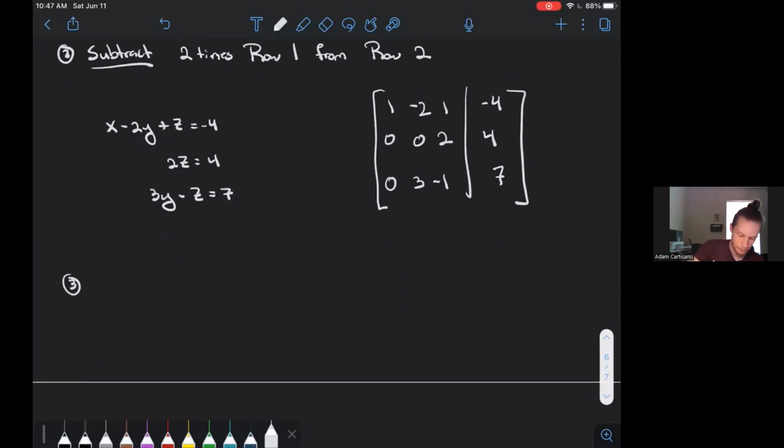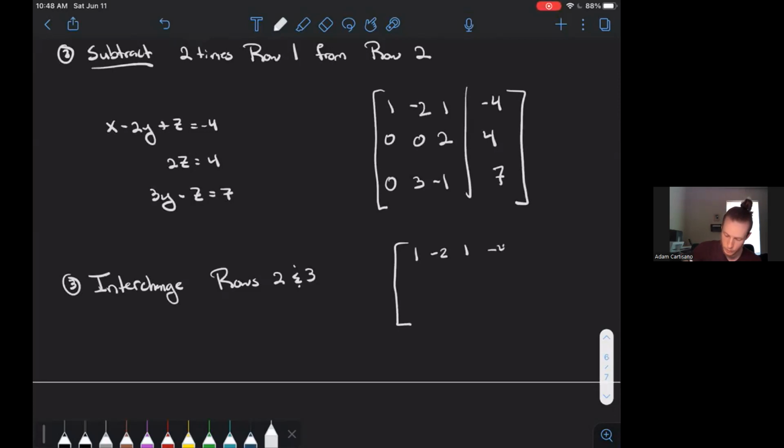Interchange rows 2 and 3. So our system becomes 1, -2, 1, -4, then 3, -1, 7, then 2, 4, with 0s everywhere else.